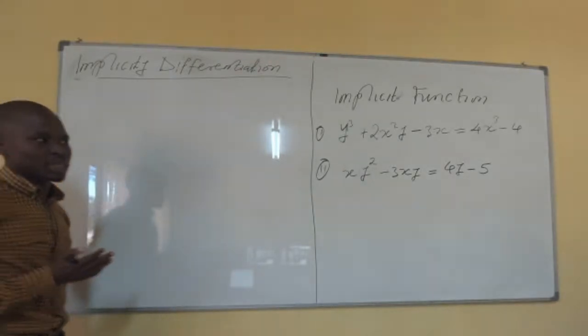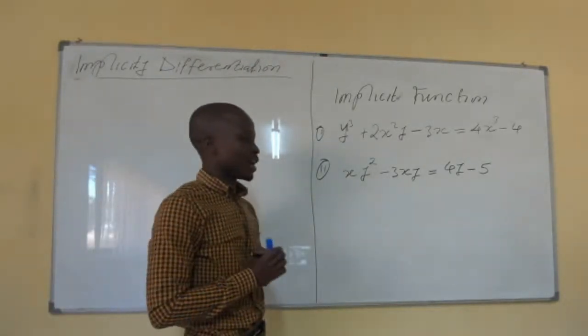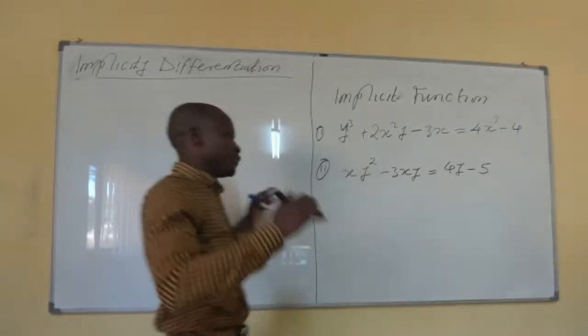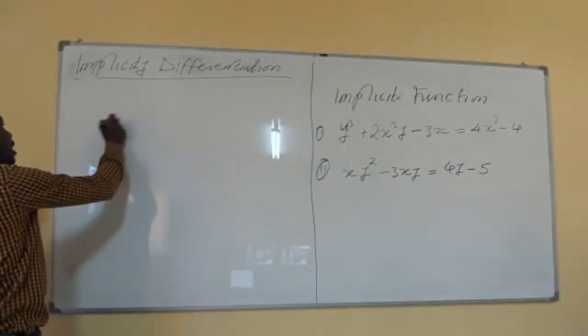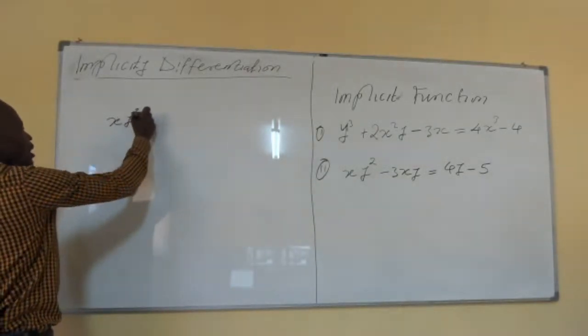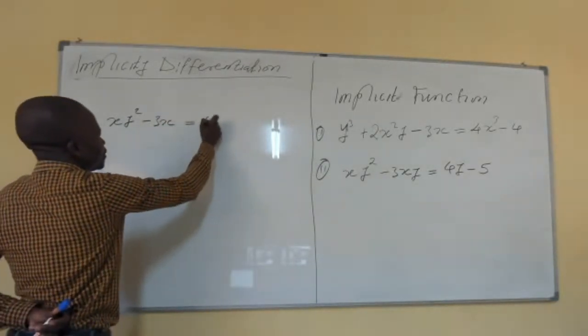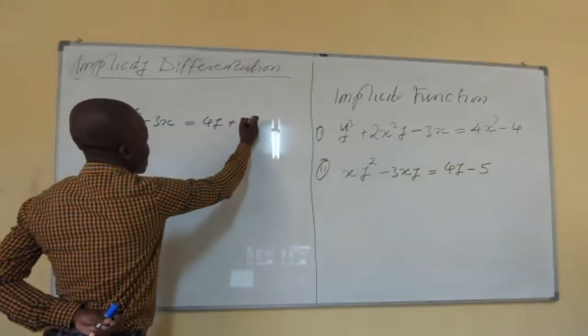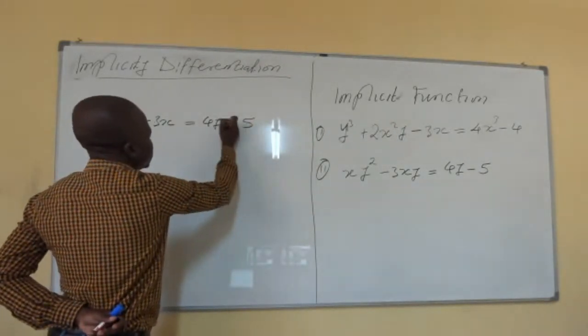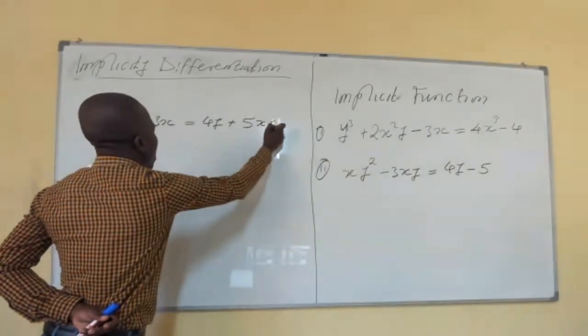So what you need to do, if you have such a function, or let me give you a simpler one. For example, we have y squared minus 3x is equal to 4y plus 5xy.